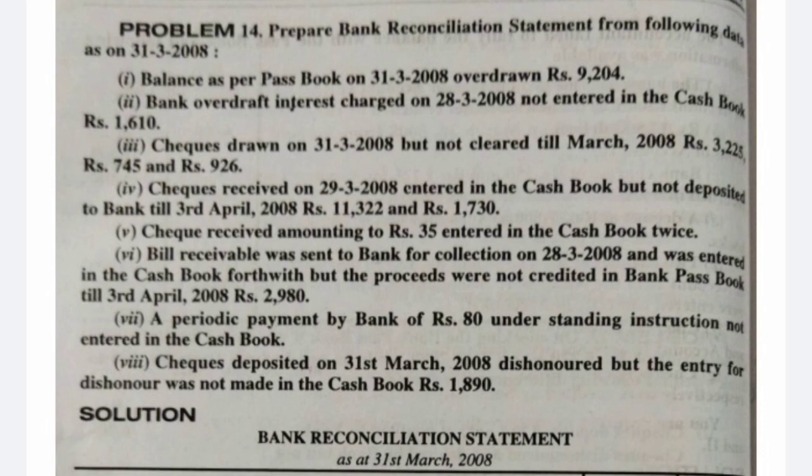One example is that the bank will deduct some amount of charges on behalf of the customer on the standing instructions given by the customer. Therefore, in this question, the bank has deducted rupees 80 on the standing instructions, which is not entered in the cash book, but is entered in the passbook.